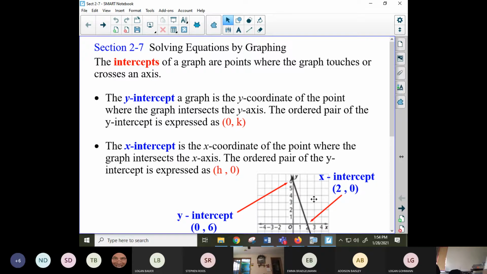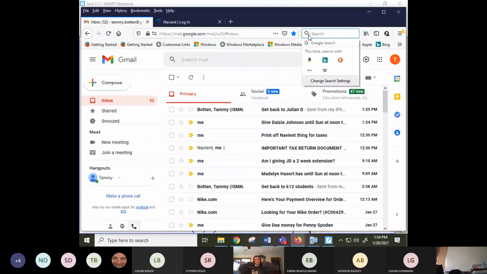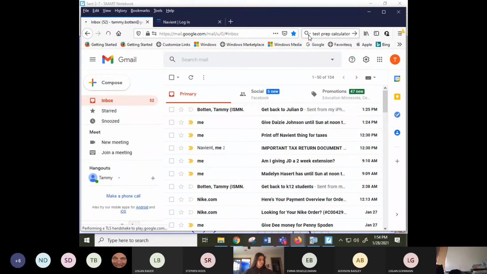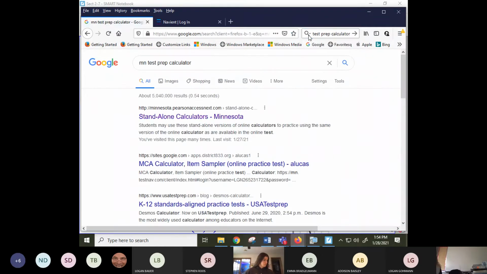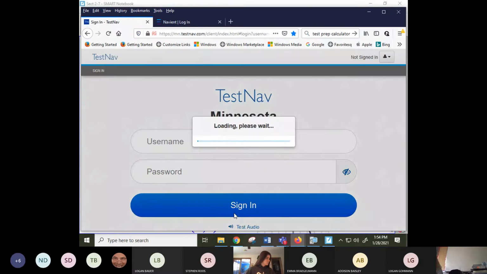Those of you at home, you are going to want to have a graphing calculator today. In case you don't, I want to show you one more time how to find one. Search MN Test Prep Calculator, click on standalone calculators, then click grades 8 and 11.